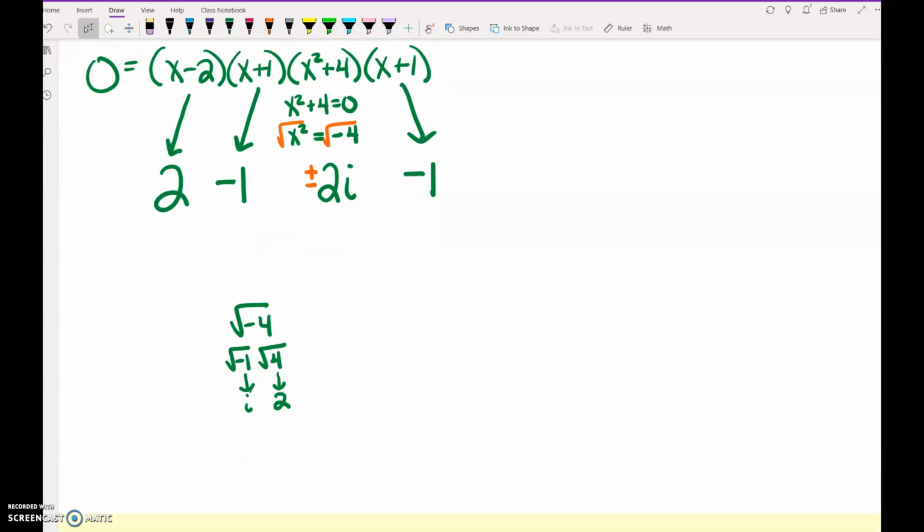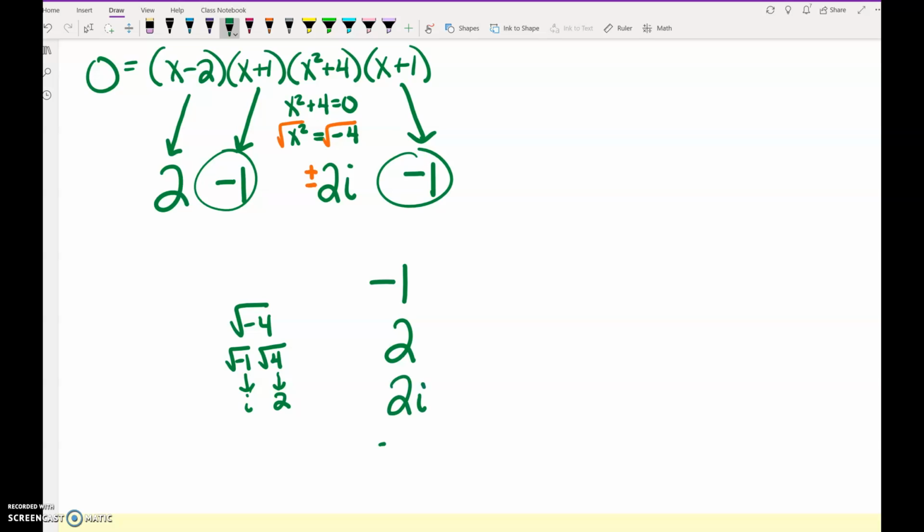Now, on a test or a quiz, this type of problem, there would be a bunch of possible answers listed, and you'll have to click all of the answers that are solutions. So really, the solutions here are negative 1. Negative 1 is a solution twice, but you only would have to click it once. 2 is a solution.